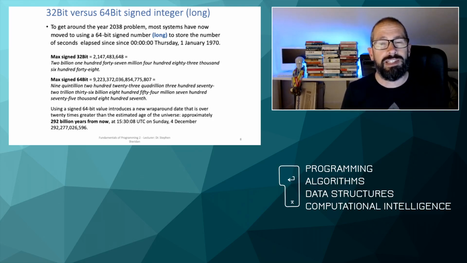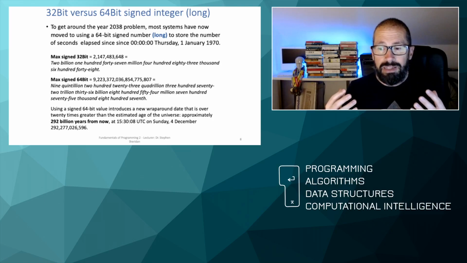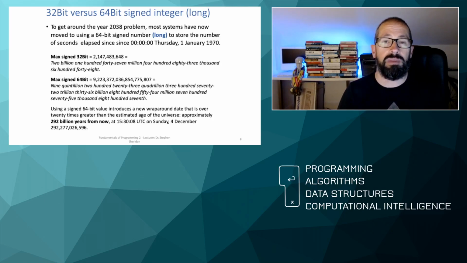And what that does is that pushes the problem so far into the future that the upper limitation on a 64-bit signed integer becomes unimportant, because that maximum number represents a number that is estimated to be about 3 times greater than the age of the universe, or approximately 292 billion years into the future.